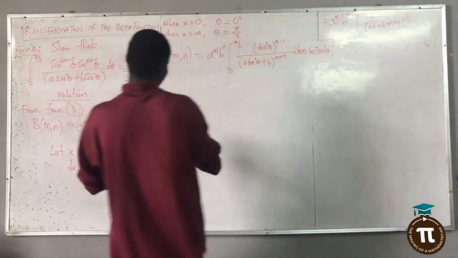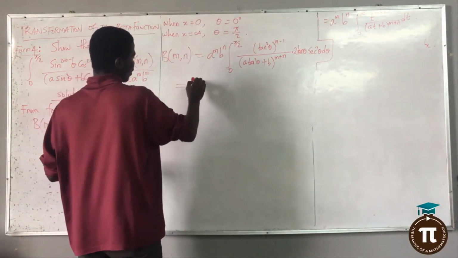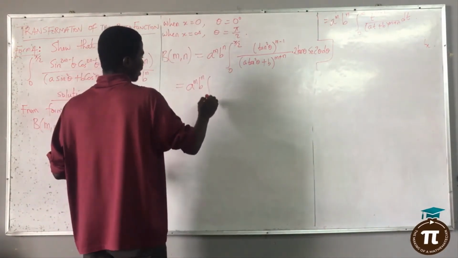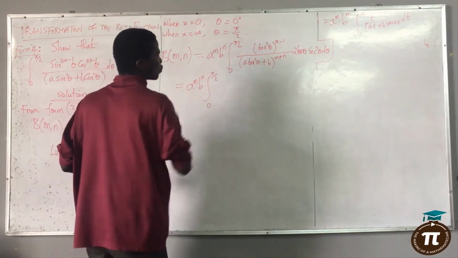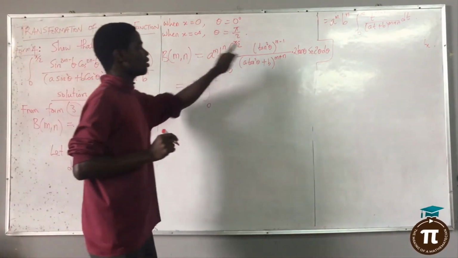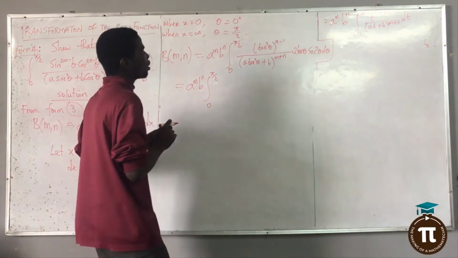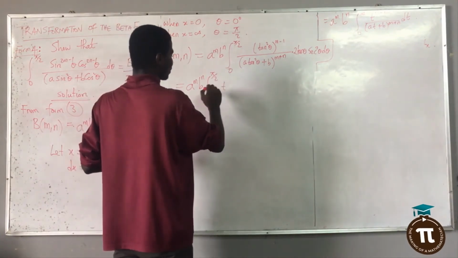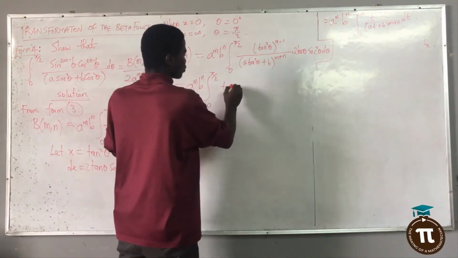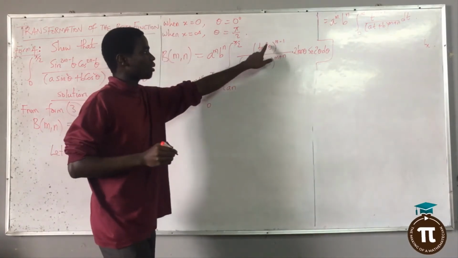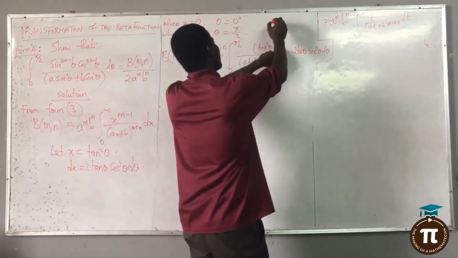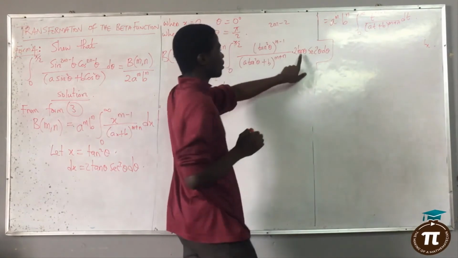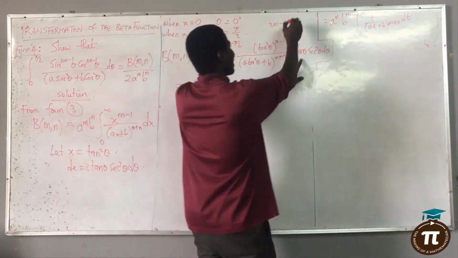So the next thing that will happen here: a raised to the power of n, b raised to the power of n, integral from 0 to pi over 2. This one will be tan to the power of 2m minus 2. The powers multiply each other, so it becomes 2m minus 2, then plus 1.